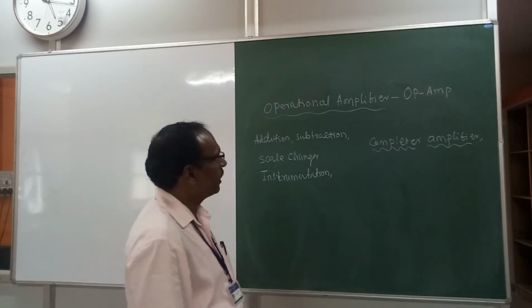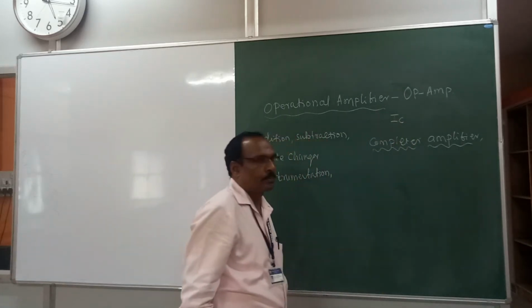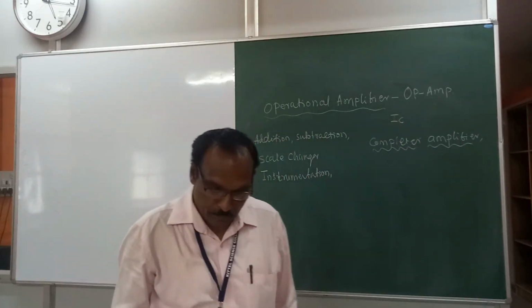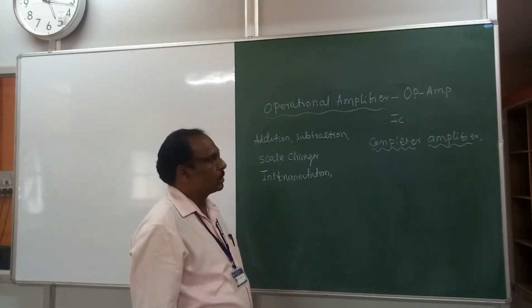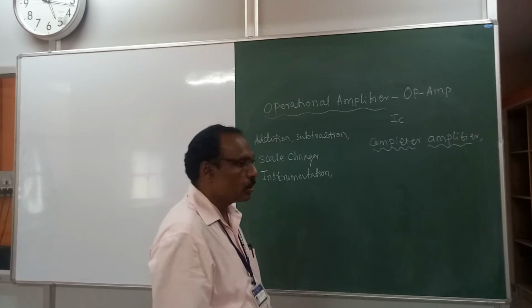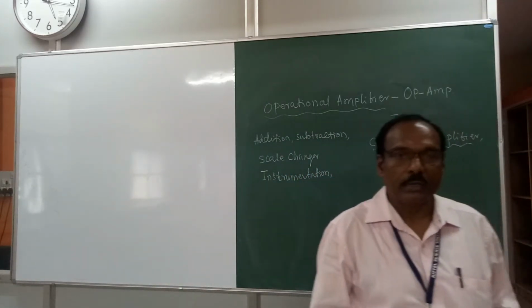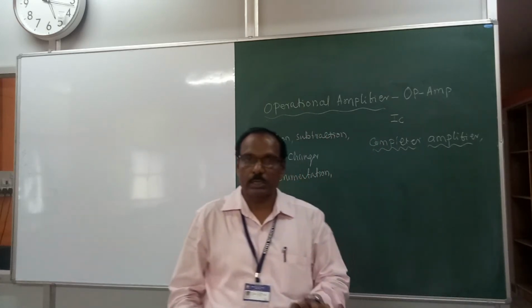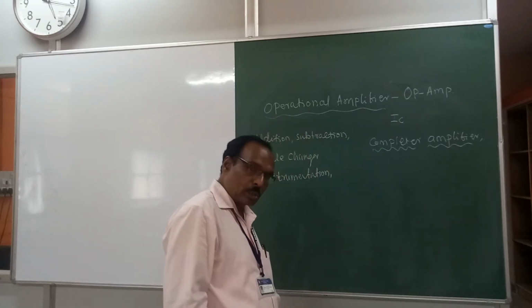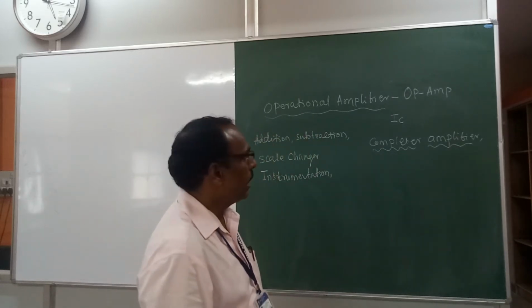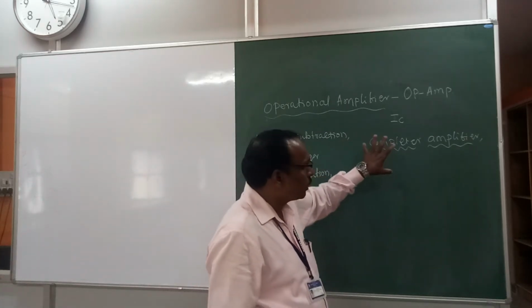This operational amplifier IC is available in different packages. A common linear integrated IC has two dozen or so transistors, including NPN as well as PNP, several resistors and a few capacitors. So that forms the internal configuration.